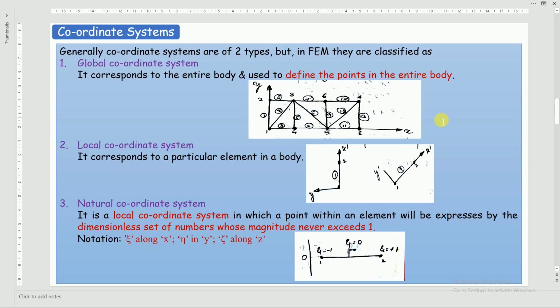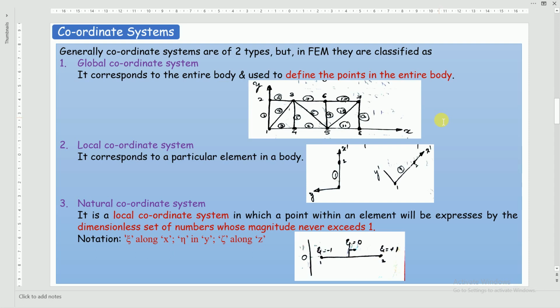Can you tell me which are those two types? Cartesian coordinate and polar coordinate. Cartesian is also called the global coordinate system, right? Okay, Cartesian coordinate or polar coordinate system.